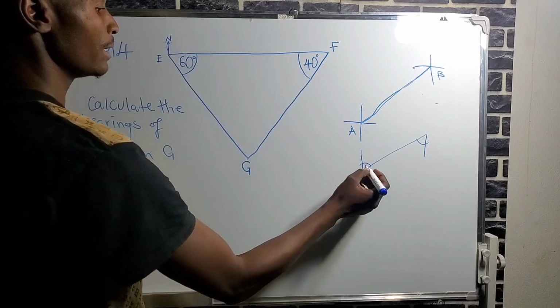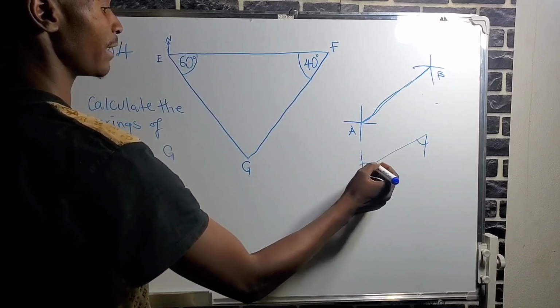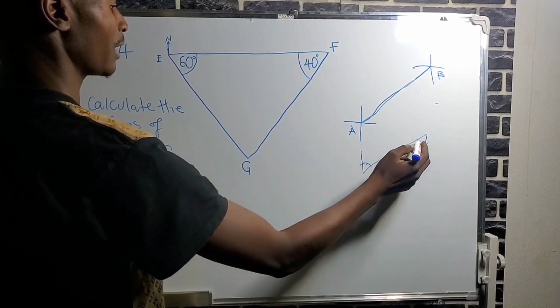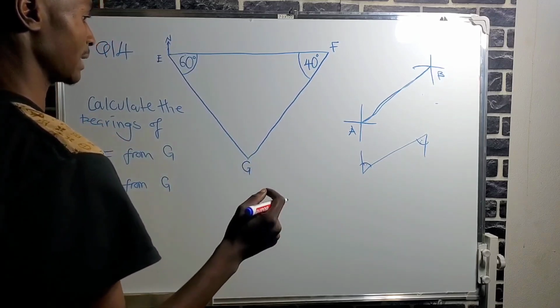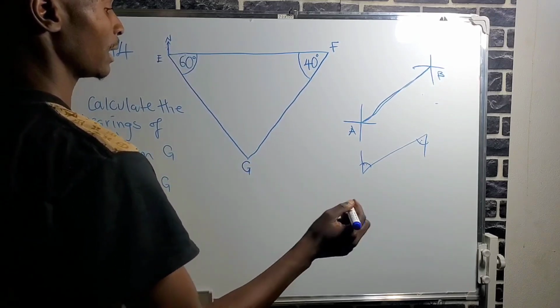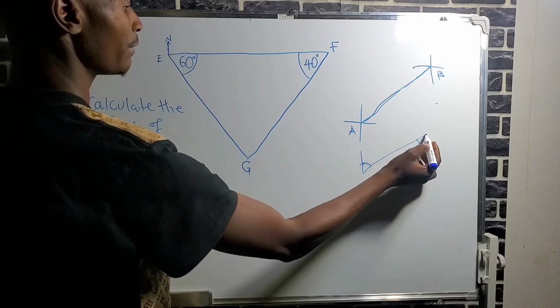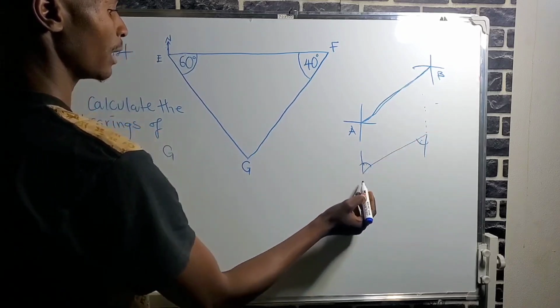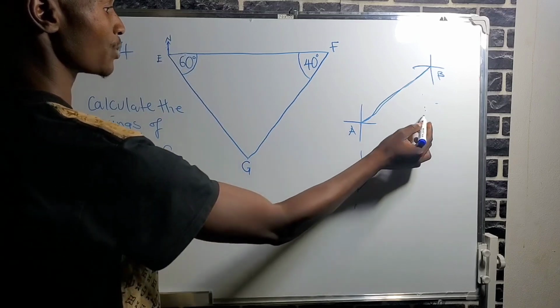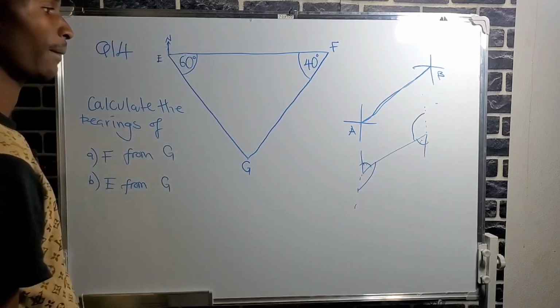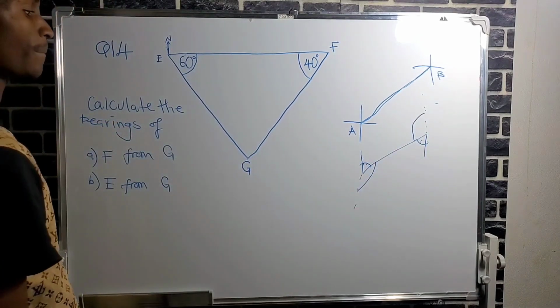These are what we call alternate angles. Alternate angles are equal. Know that. Also, if you were to extend this one and this one down, this side is equal to this side.